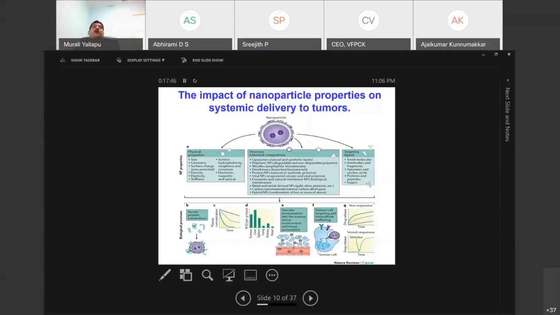And apart from that, carbon nanotubes as well as hybrid nanoparticle formulations can also be chosen for delivery of therapeutic agents.